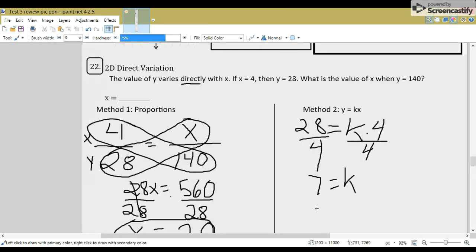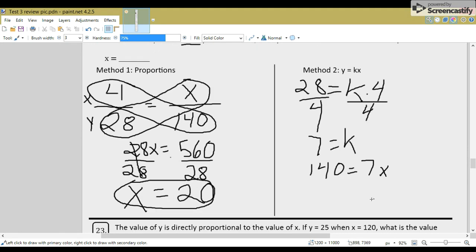So to find x, we're going to solve for x here. So we have 140 equals 7 times x. Divide each term by 7. 20 equals x.